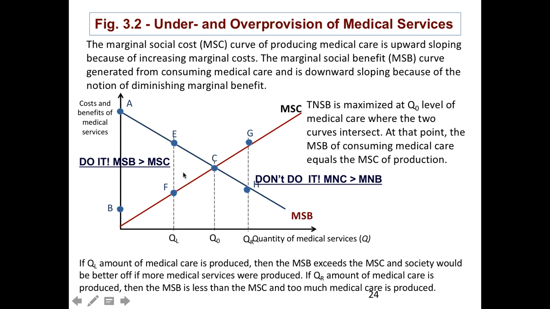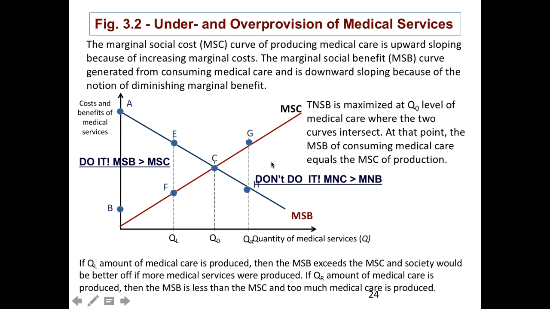Before that point, the marginal social benefit is greater than the marginal social cost, so we have to increase the quantity of medical services, because up to the point where marginal social benefit equals marginal social cost.